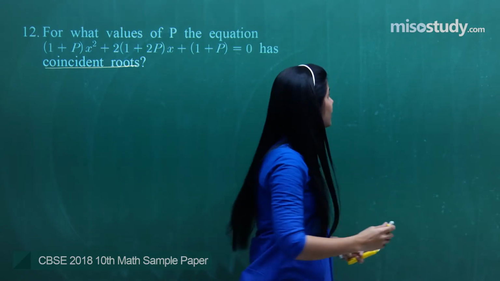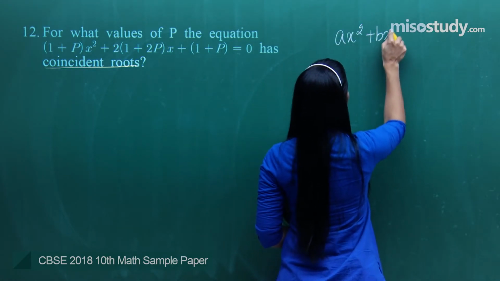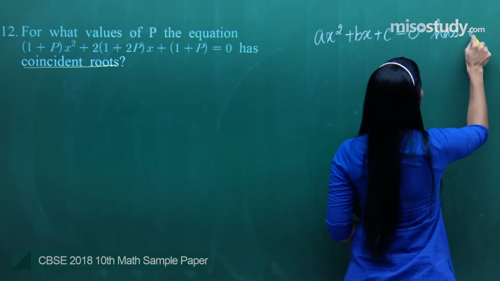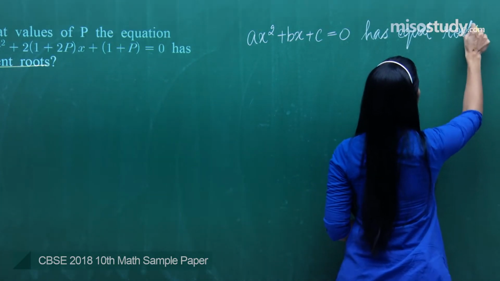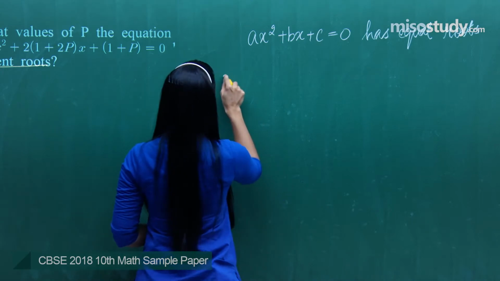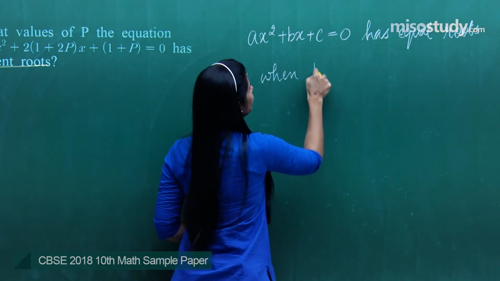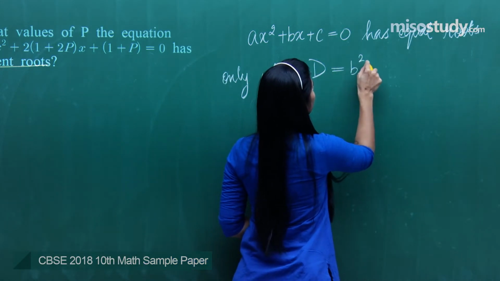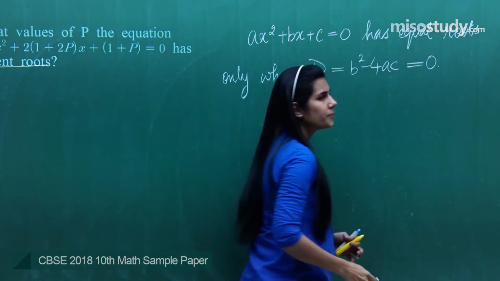I know that any quadratic equation has equal roots only and only when the discriminant of this quadratic equation, which is b square minus 4ac, is 0.